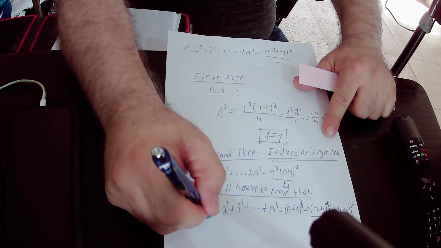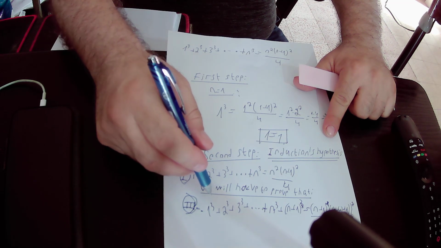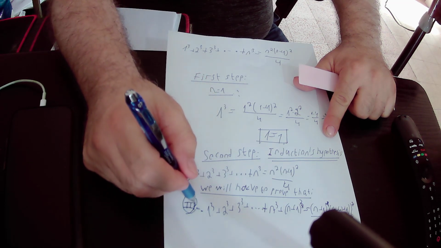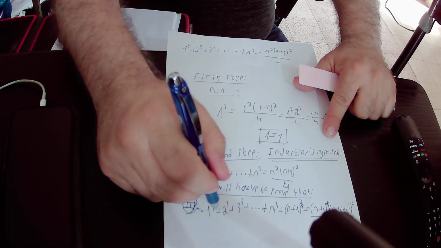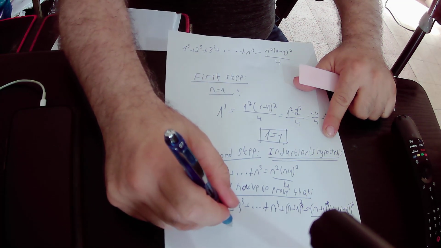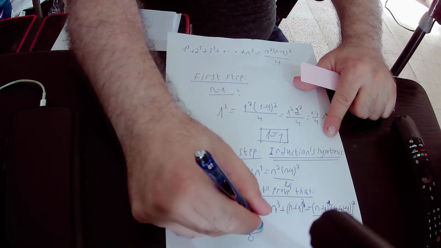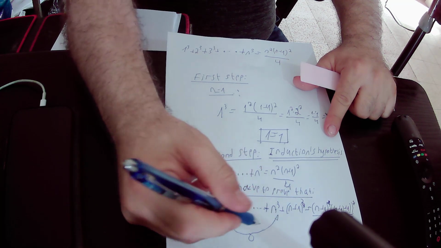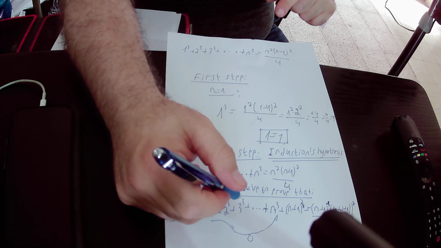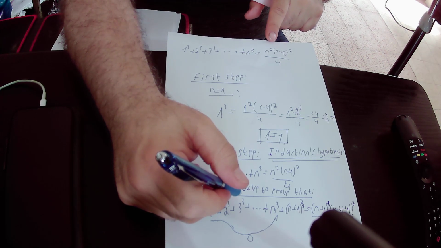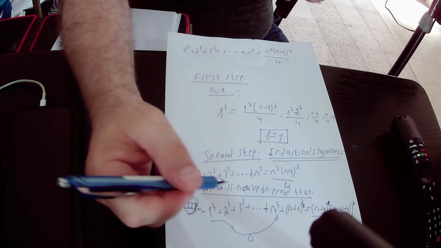Actually, as you can see here, the left side of expression 2, this expression equals n squared times n plus 1 squared divided by 2.